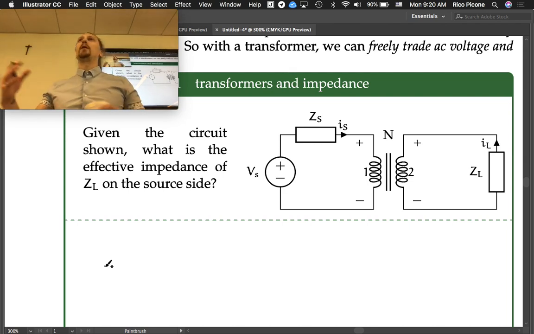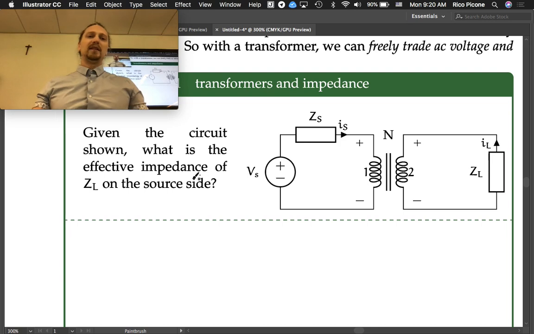So we could use our whole chapter 3 methods, and we could find all of the unknown voltages and currents, right? But in this problem, we're just asking, what is the effect of the impedance ZL on the source side? So what we really want to know is, what is the effective impedance of ZL in the element 1 position in this circuit? Okay, so we might restate this.